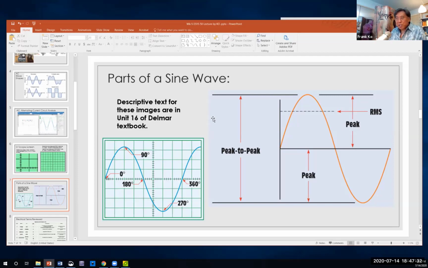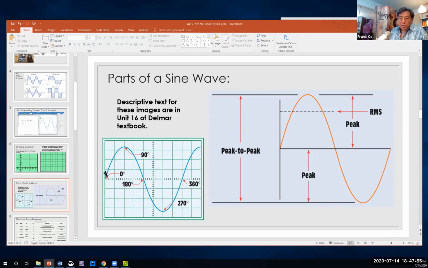But Unit 16 talks about the electrical concepts, and it goes on to show a sine wave in various degrees of its rotation. So when the sine wave starts on the 0 line, horizontally, it is marked as 0 degrees rotation.